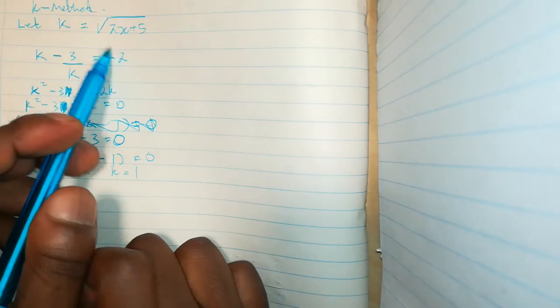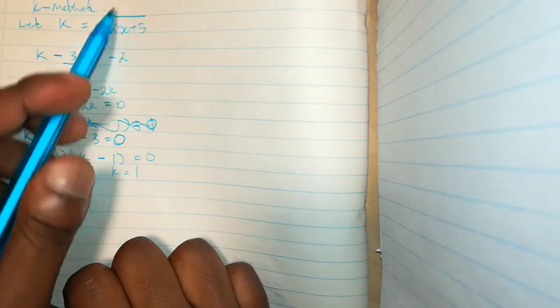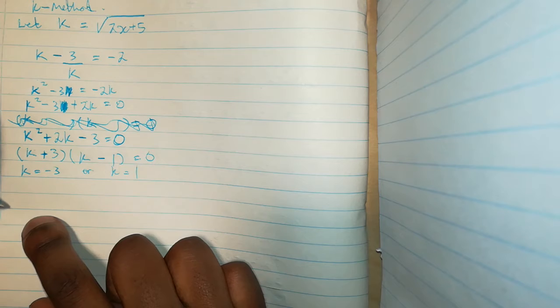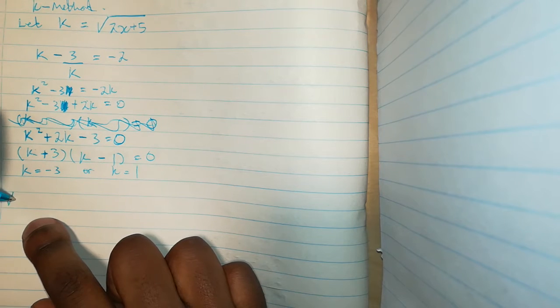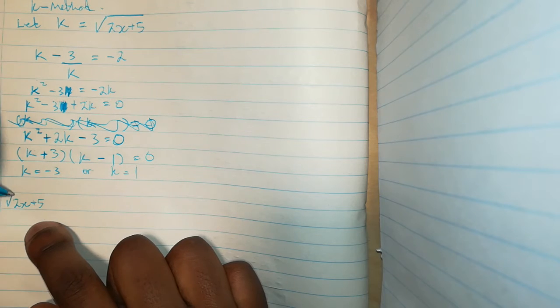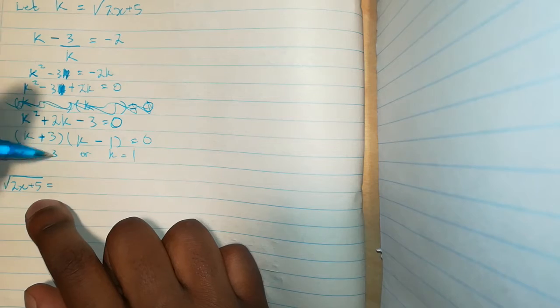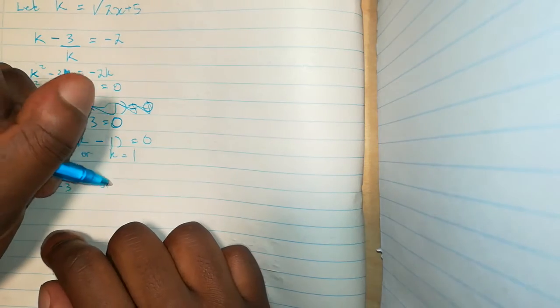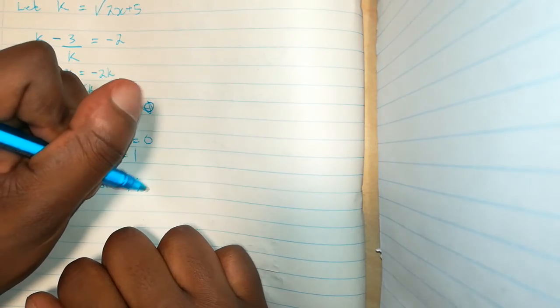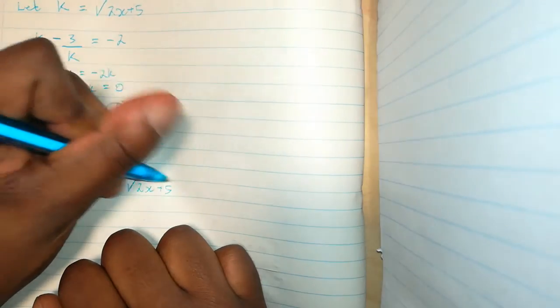But we said that k is equal to the square root. So k being the square root, we need to substitute it back, which is equal to negative 3, or on this side, it's equal to 1.